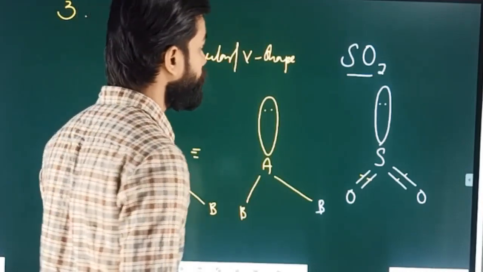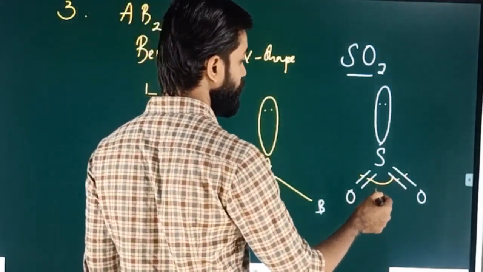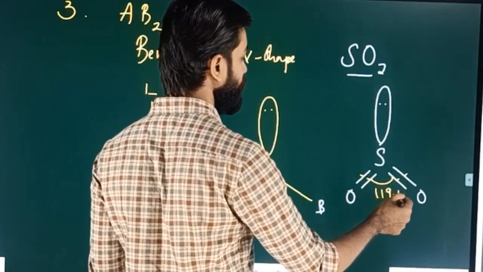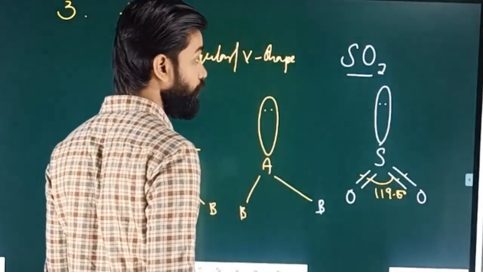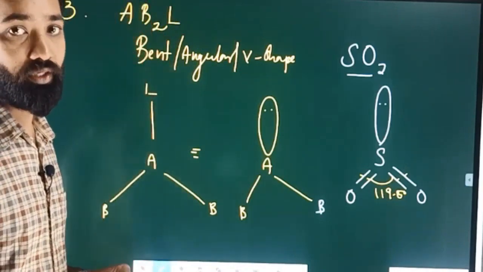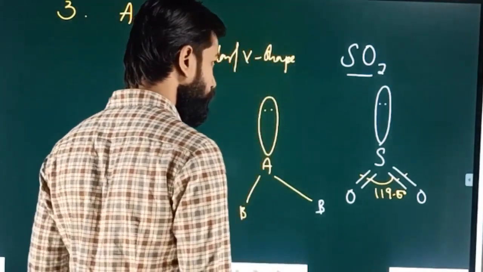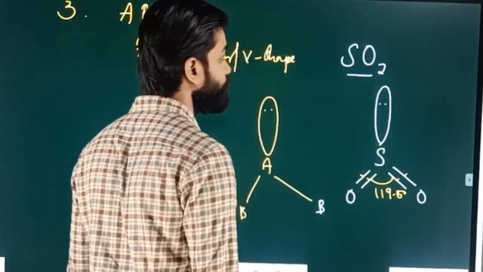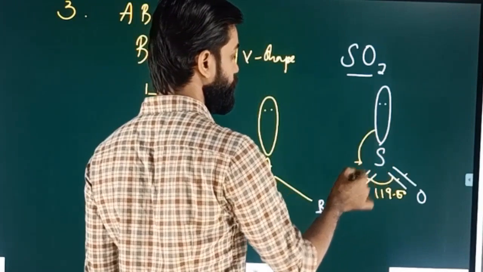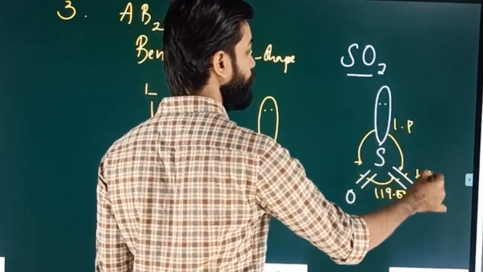Fine. So this is the structure of SO2, and the bond angle is nearly given as 119.5 degrees. So there is a small distortion of the bond angle. Actually the bond angle would be 120 degrees, but the distortion is because there is an additional repulsion between lone pair and bond pair.